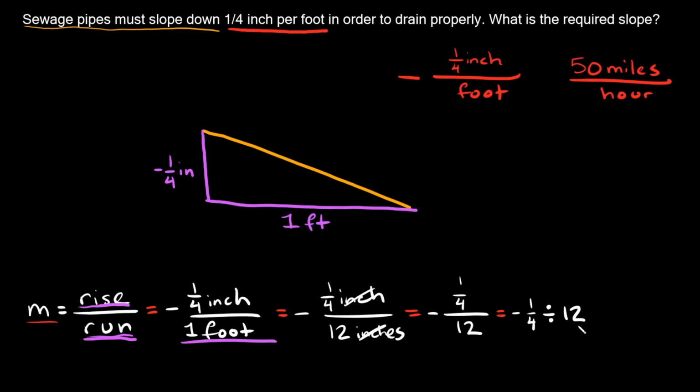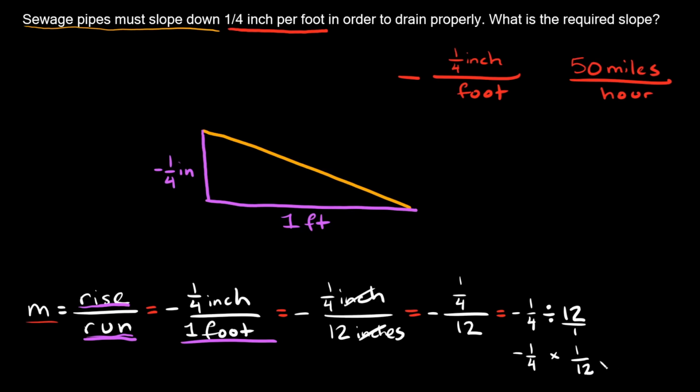Remember, you have to multiply by the reciprocal. The first fraction you keep as is, so negative 1/4, and then instead of dividing, you multiply. Here, 12 is basically 12 over 1, so if we take the reciprocal and flip it, it'll be 1 over 12.